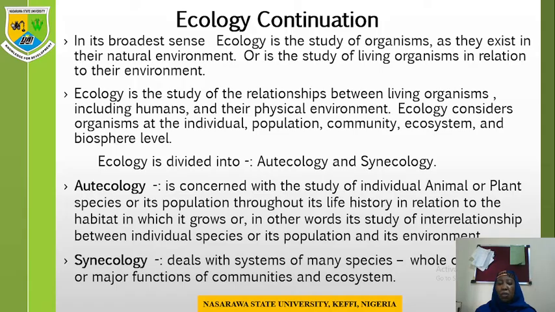So autecology is talking about a particular species, not a combination of different species living together in an environment. That is either one or more than one, or the population of that particular species. That is what autecology is all about.